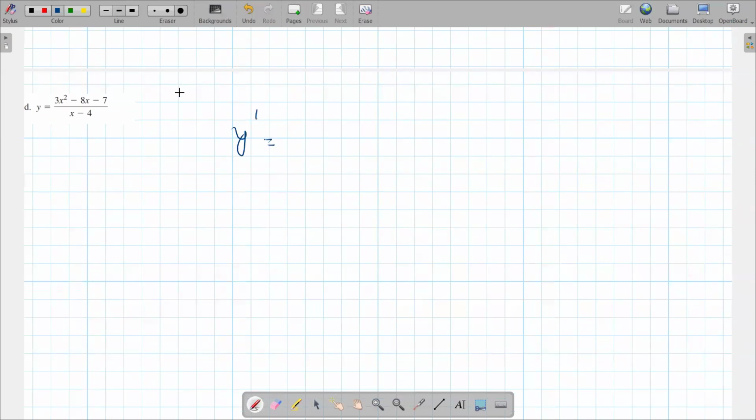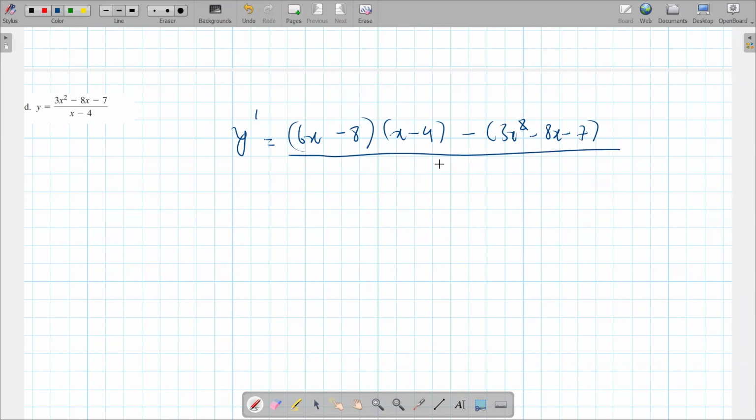So to find the first derivative, you have to use the quotient rule. 6x minus 8 times x minus 4, minus f as it is times the derivative of g, which is just a 1, all over x squared. So you set this equal to 0. The denominator would disappear once you multiply both sides by it.